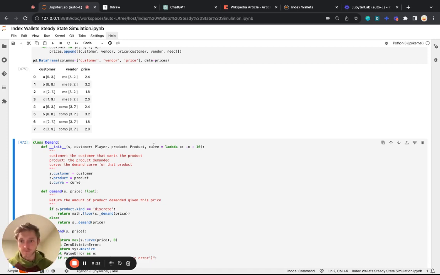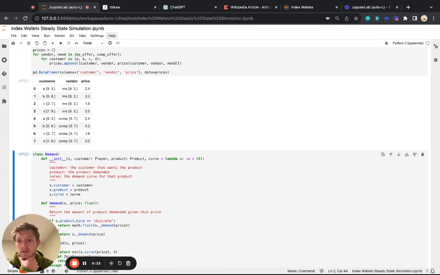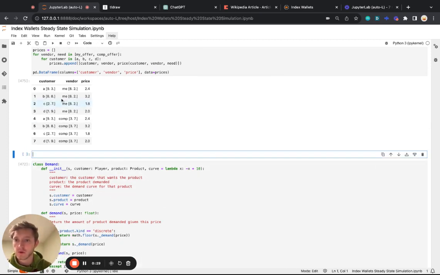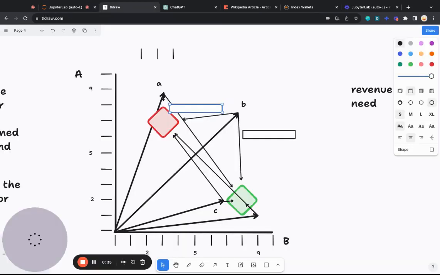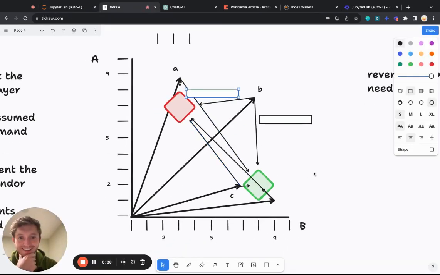So, where we left off was we have computed this table of customer, vendor, and price, and we drew this horrible picture over here that is trying to indicate, I guess maybe let's make this perpendicular here, I guess.